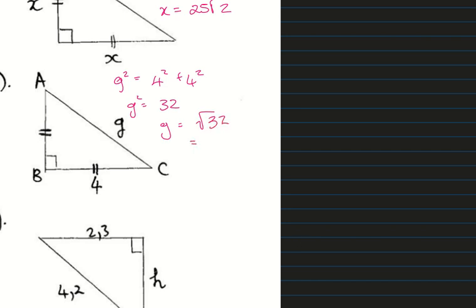Is there a simplified answer to that? Alright, listen here. You can leave your answer like that, square root of 32, for grade 9. That is still acceptable. So you could have left your answer as square root of 32 units.